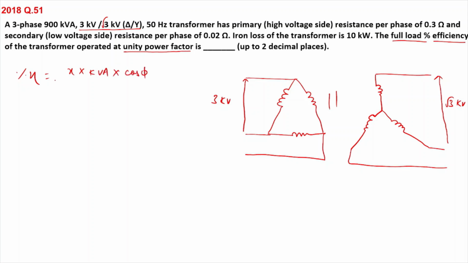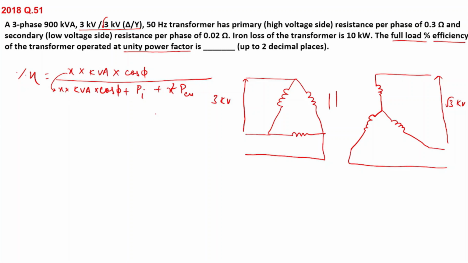The same thing will come in the first term of the denominator, that is X kVA cos phi, plus iron loss, plus X square copper loss. If you can recall this formula, then it is very good. Otherwise, you should go back and revise this.